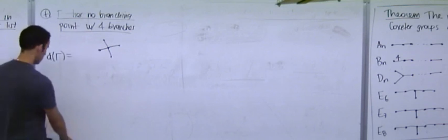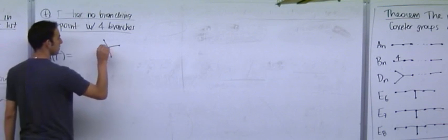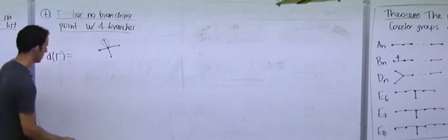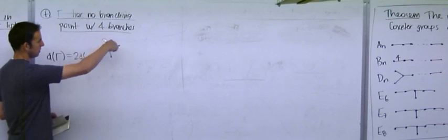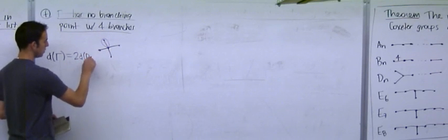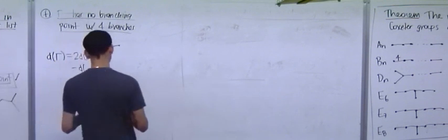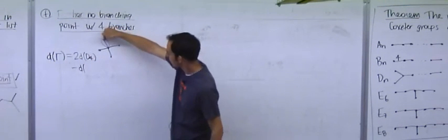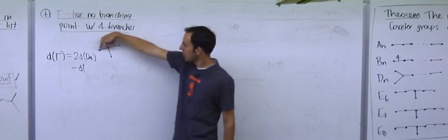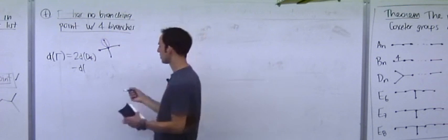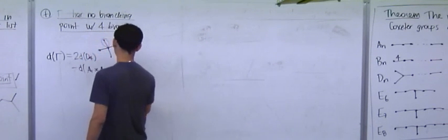Well, again, I just peel off one of the edges, so I get 2 times the determinant of the 4 minus the determinant of what happens when I erase this edge and this vertex, and what I'm left with is 3 isolated vertices, which is called A1 cross A1 cross A1.